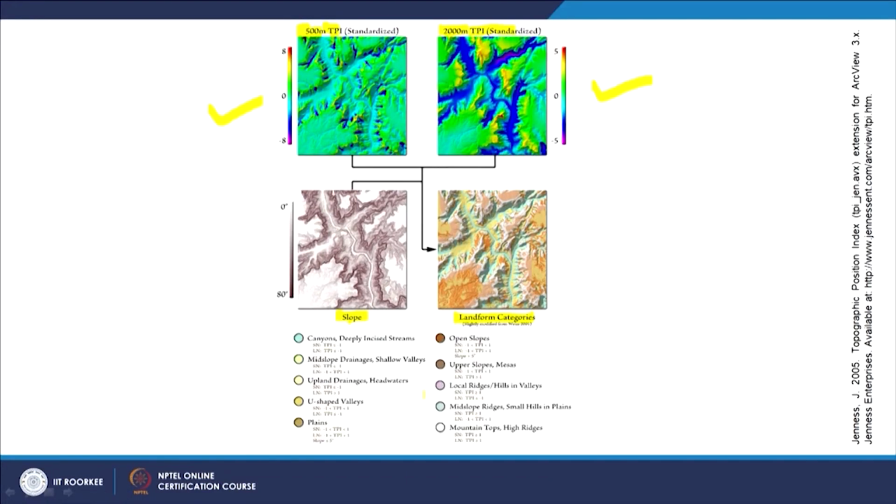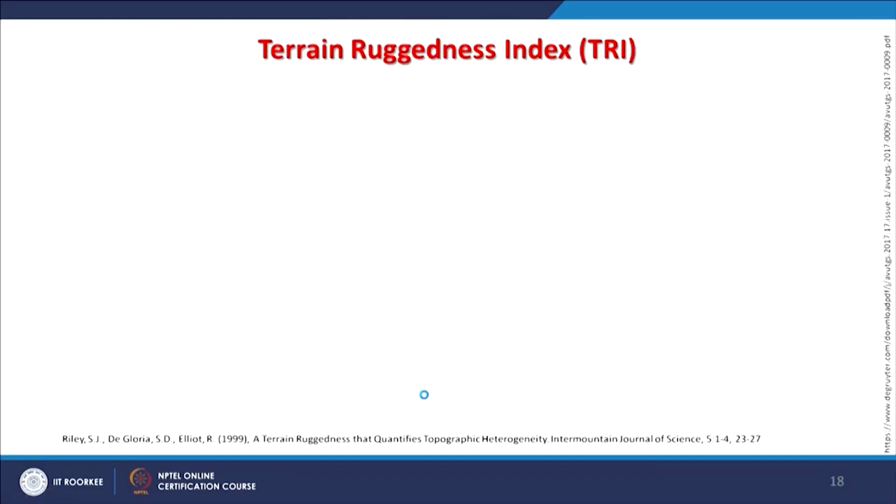So, that means employing a digital elevation model and a TPI, a geomorphic study or automatic detection of landforms can also be done on a GIS platform.